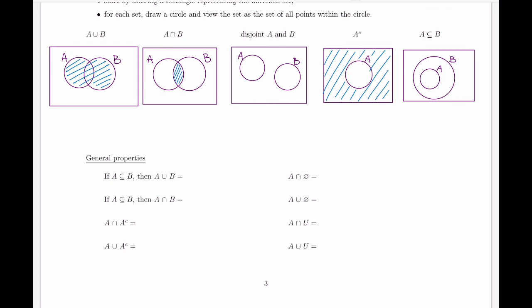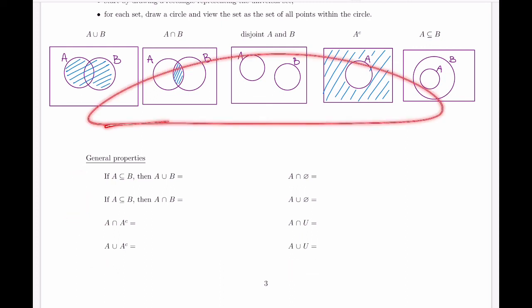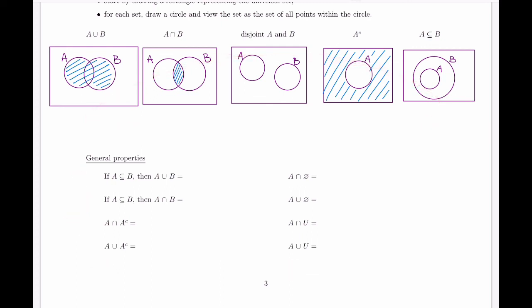So for example, let's think about what all of these are going to be equal to while imagining the Venn diagrams for them. The first one: if A is a subset of B, then what is A union B? A is a subset of B is this Venn diagram right here. We have A lying inside of B, so what is going to be the union of A and B? The union is all the elements within A and B all together.